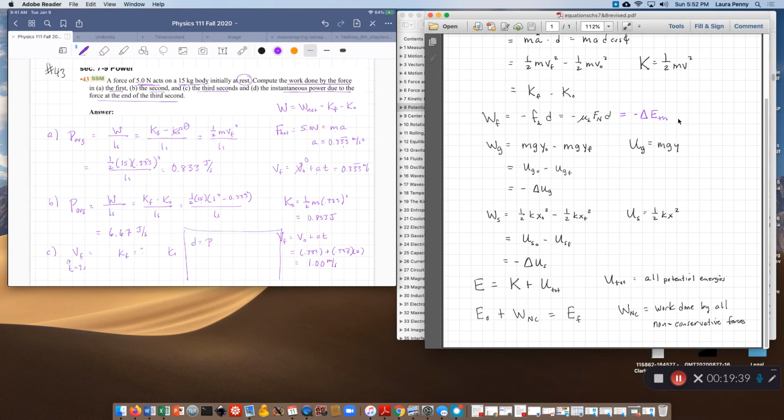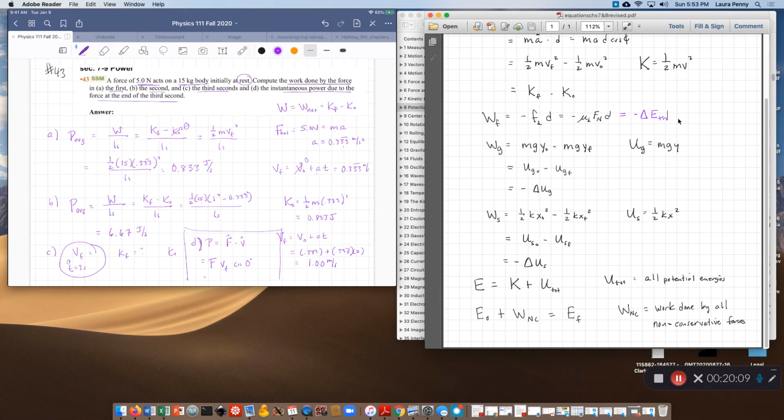That's just going to be the amount of the force, which is our 5 newtons, and the velocity after 3 seconds. They're in the same direction, and so the cosine of 0 is how you get that last thing.